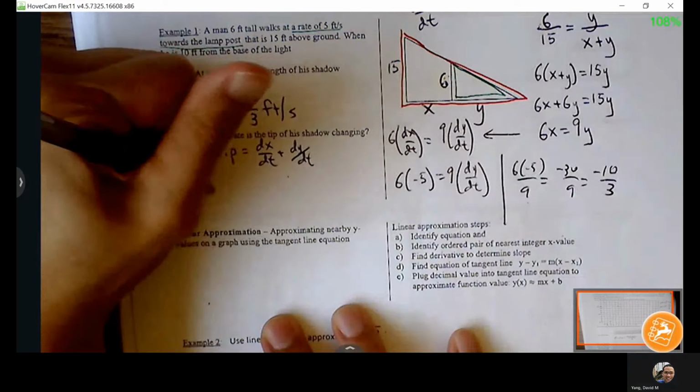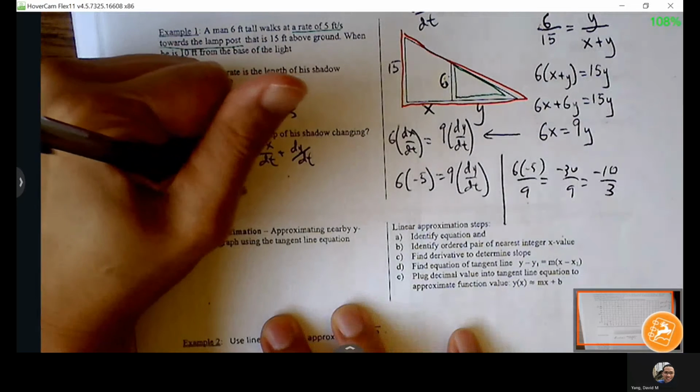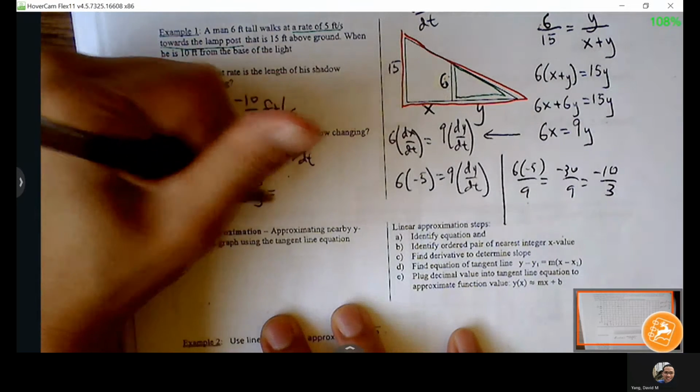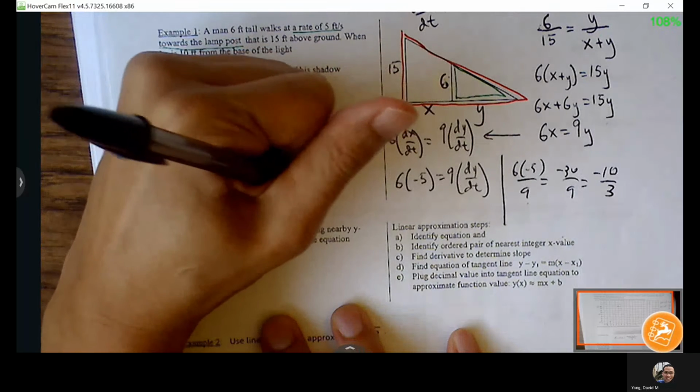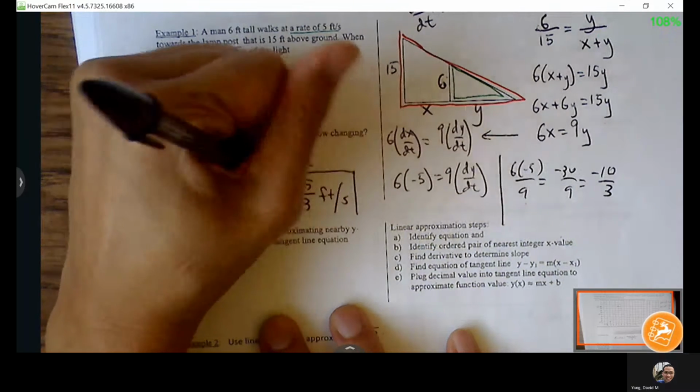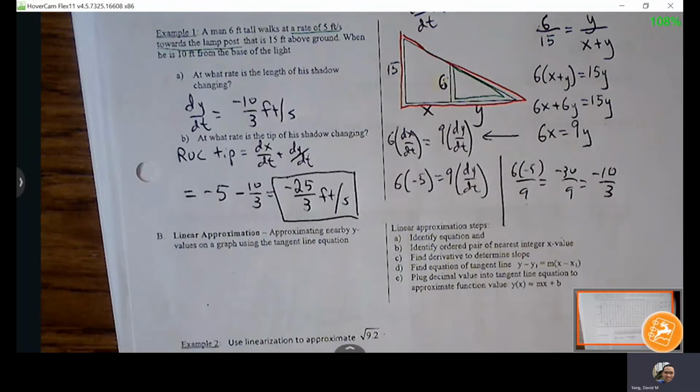Feet per second. Good. I think these are pretty easy too. You just have to draw it out properly. Yeah, once you can do cones, everything feels easier, pretty much. Yeah, cones are the hardest part.